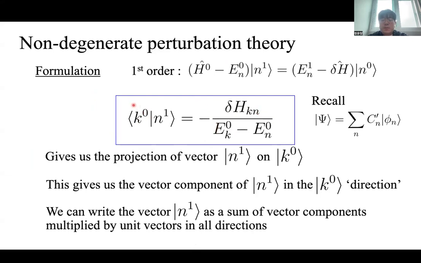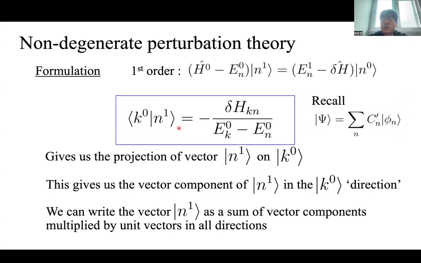So this actually gives us really important information because this is just like the projection of one vector on the other. It gives us the vector component of n1 in the k0 direction. So if I do this for the k eigenvector, for the L eigenvector, for the M eigenvector, for the original Hamiltonian, I can get all the components in all the directions, because remember, we can write a vector as a sum of all the unit vectors or all the eigenstates with a specific coefficient multiplied in front.